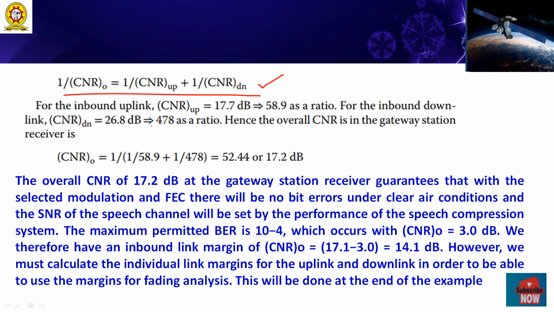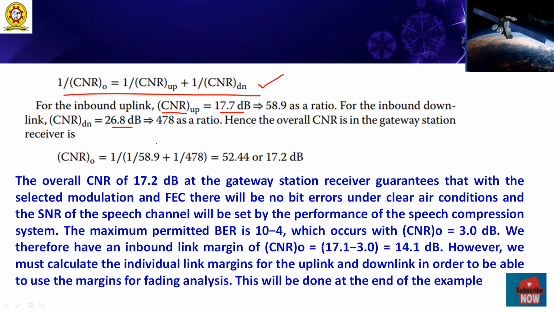Similarly for the inbound, CNR up equals 17.7 dB, and the downlink is 26.80 dB. How do we evaluate the overall CNR for the gateway station?